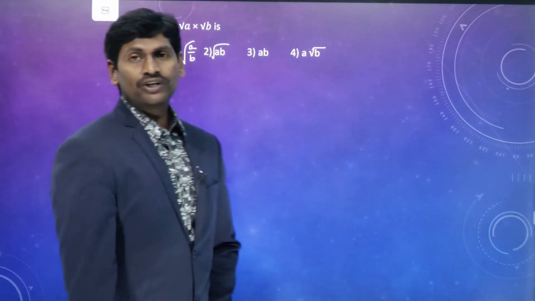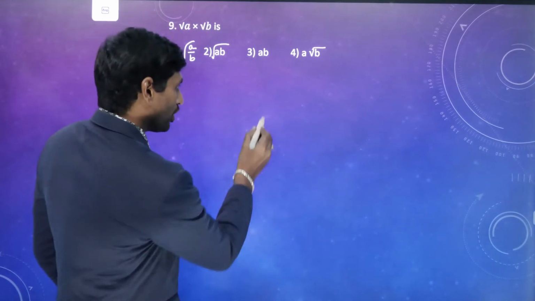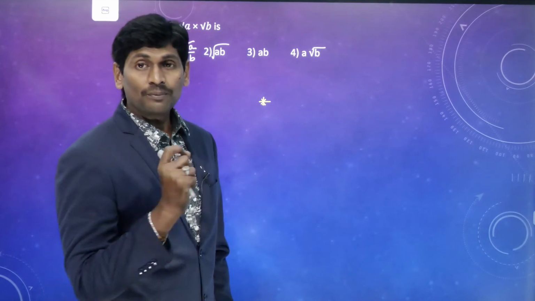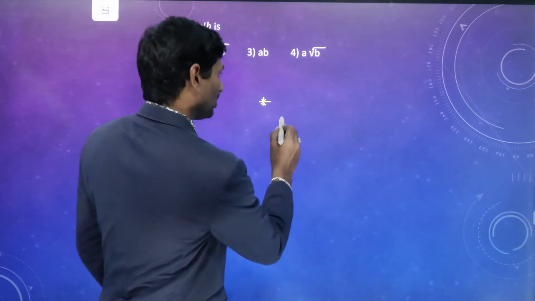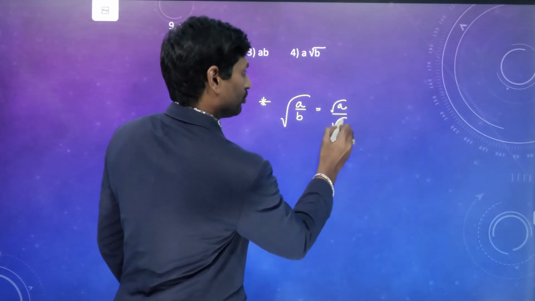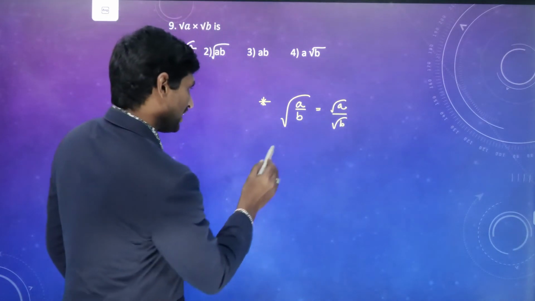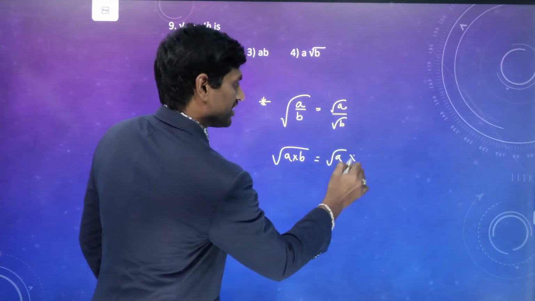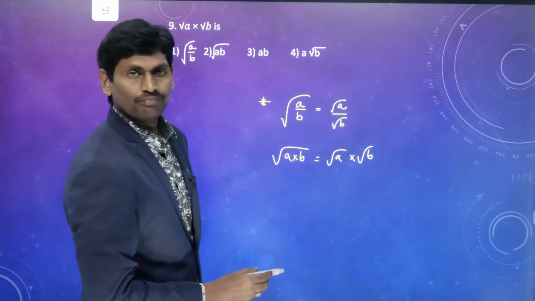Root a into root b. We already discussed this in properties of square roots. Root over a by b can be expressed as root a by root b. In the same way, root a into b can be expressed as root a into root b.